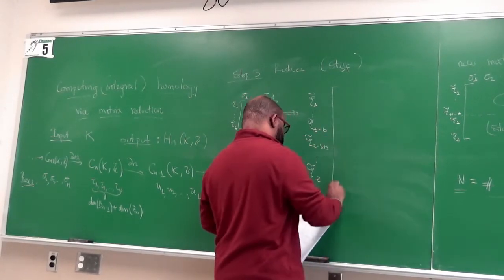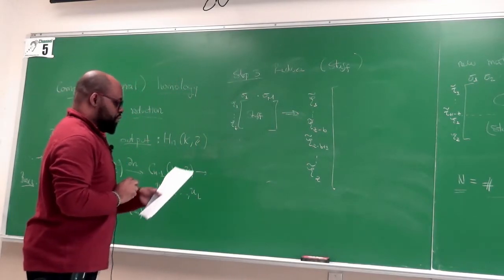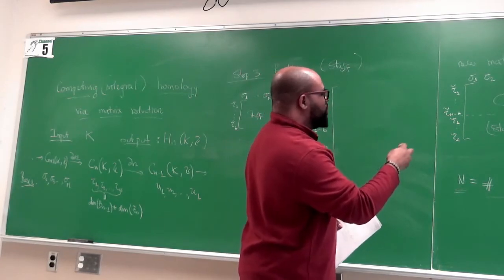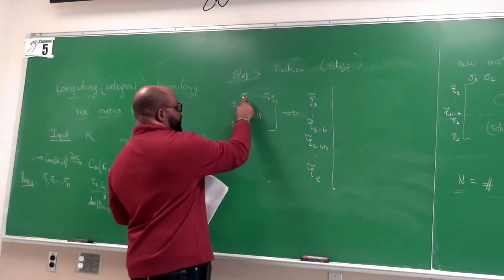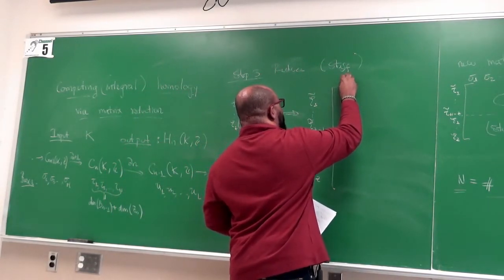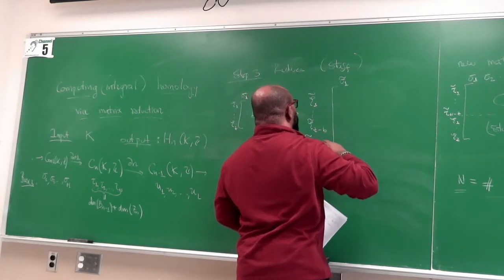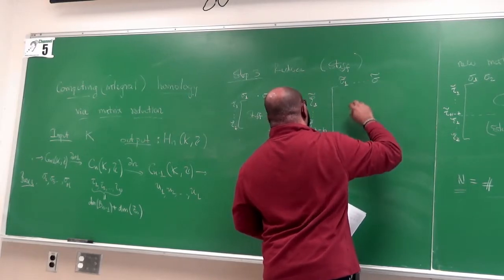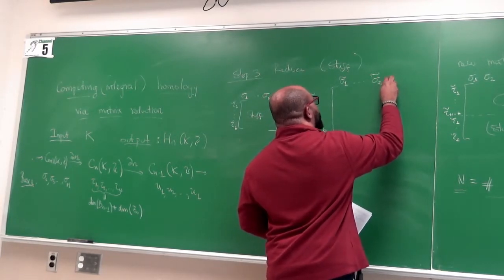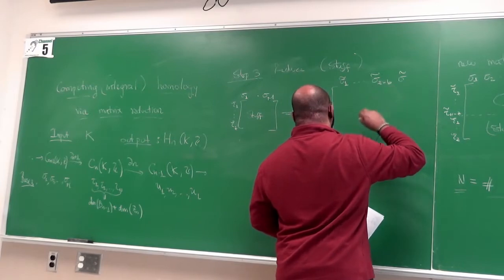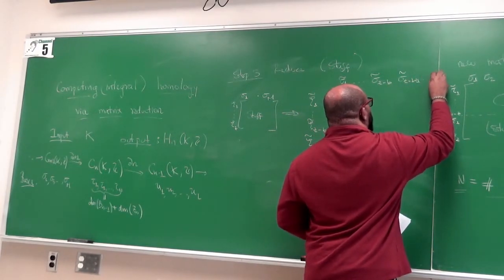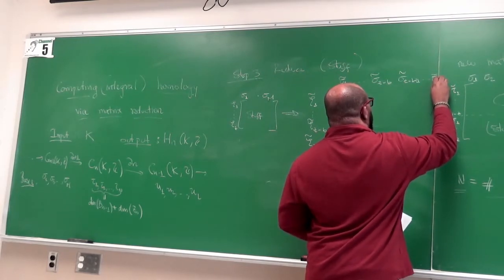So that's going to be the basis I get in the rows. And in the columns, I'm going to get some new guys. So perhaps these are some sigma tilde all the way up to sigma tilde z minus b, sigma tilde z minus b plus 1, and all the way up to sigma tilde m.